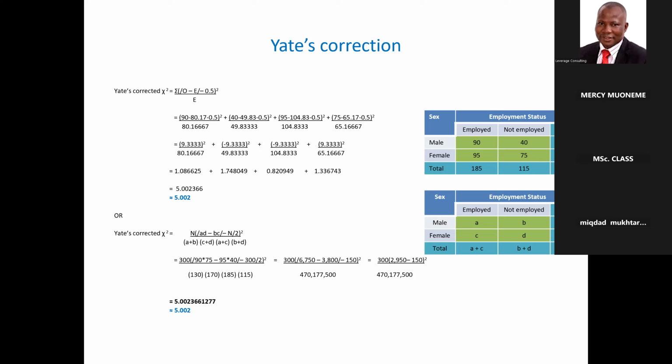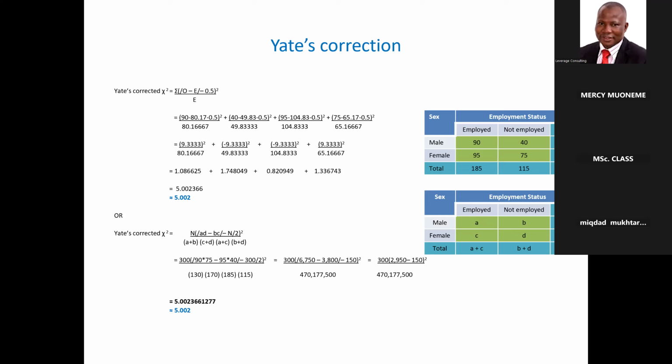But if the chi-square value is at the border, the critical value is 3.841, imagine your chi-square is around that 3.841.